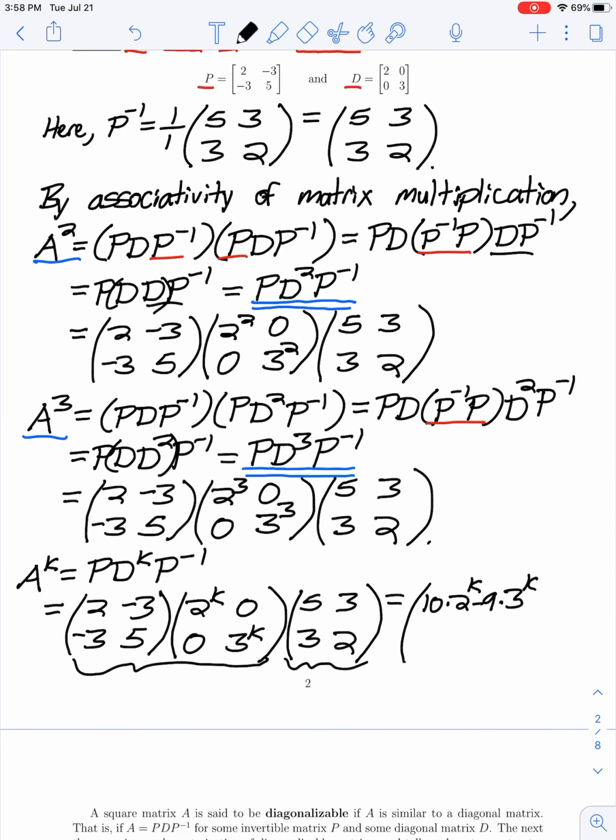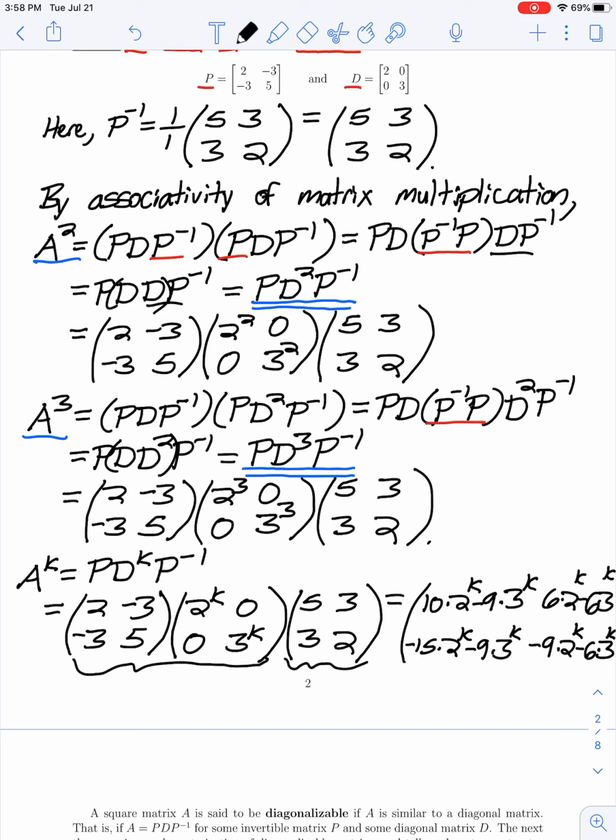And in that first row, we would also have 6 times 2 to the K minus 6 times 3 to the K. And for our second row, our first column is -15 times 2 to the K minus 9 times 3 to the K. And second row, second column gives us -9 times 2 to the K minus 6 times 3 to the K. I ran out of room here at the end, but you can verify this product if you take the product of those three matrices.